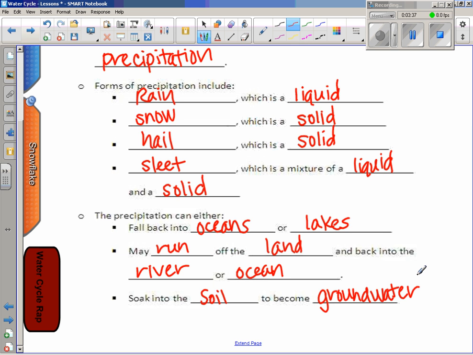Okay, so precipitation can do all of these things. And as it falls, it accumulates in these different places. And this is actually your 4th step of the water cycle, which is your new step that you are just learning about in 7th grade. And that's called accumulation.